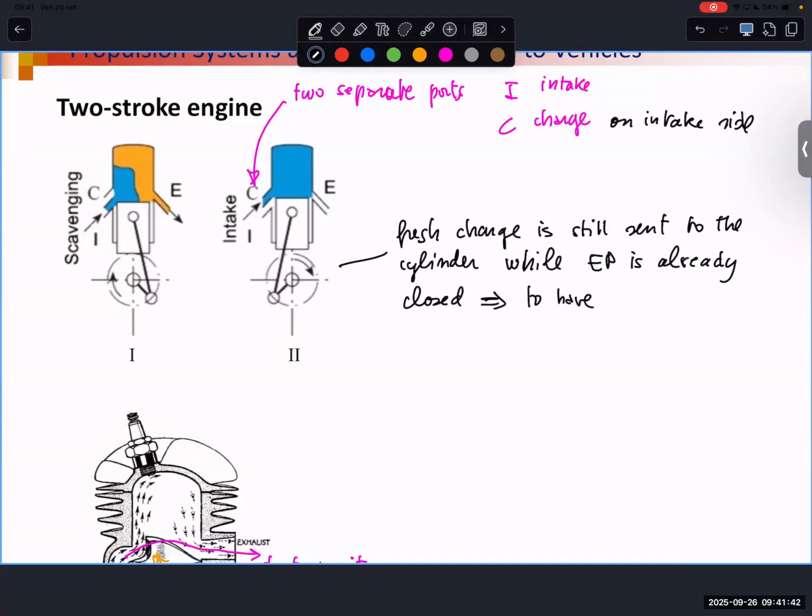To have more charge and power in the cylinder. So I have more charge, I will have more power in the next engine cycle. Okay?